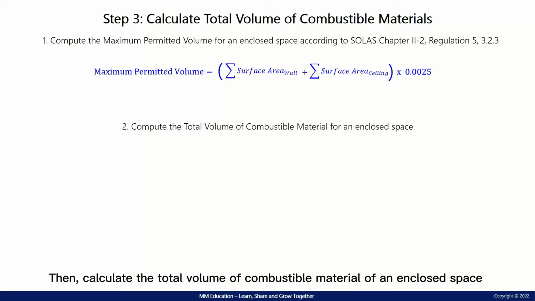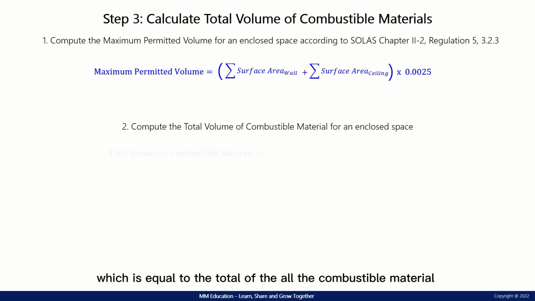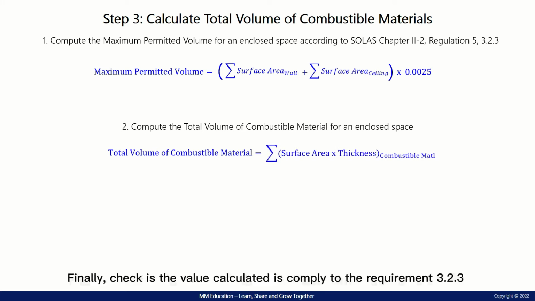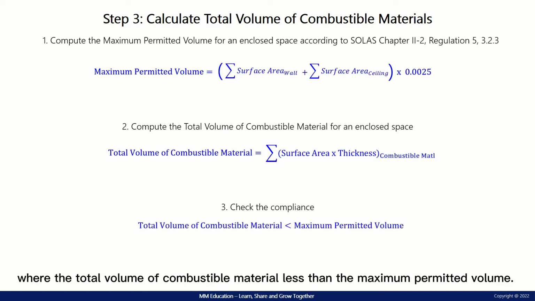Then, calculate the total volume of combustible material of an enclosed space, which equals the total of all the combustible material surface area multiplied by its thickness. Finally, check if the calculated value complies with requirement 3.2.3, where the total volume of combustible material is less than the maximum permitted volume.